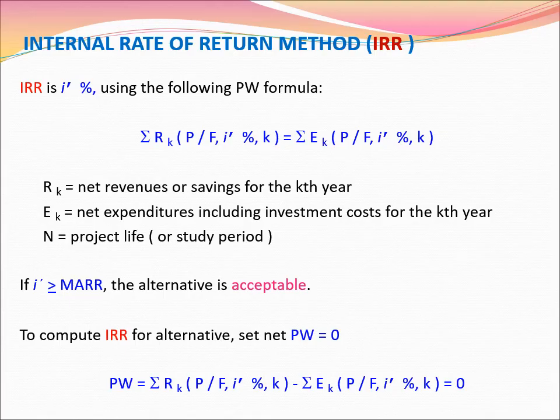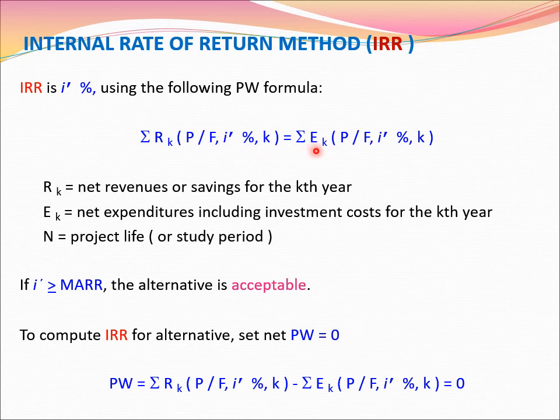If we recall our previous lecture, internal rate of return is the interest rate that makes the present worth of the revenues equal to the present worth of the expenses. So this R_k represents the present worth of all the revenues, all cash inflows at time k, and we are finding its present worth.